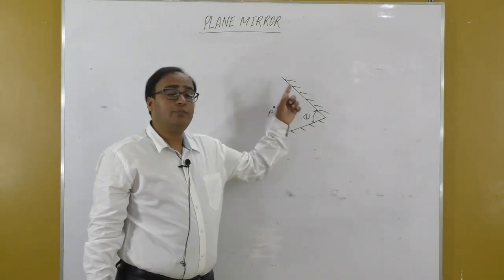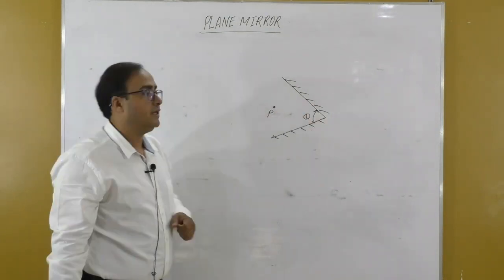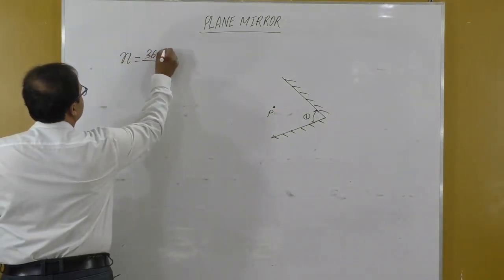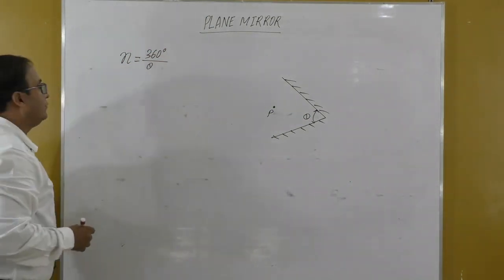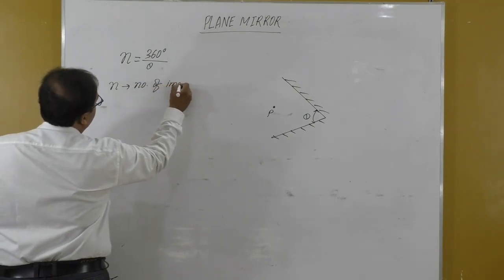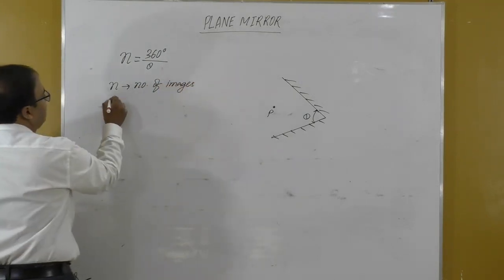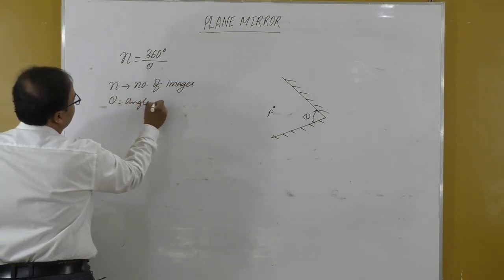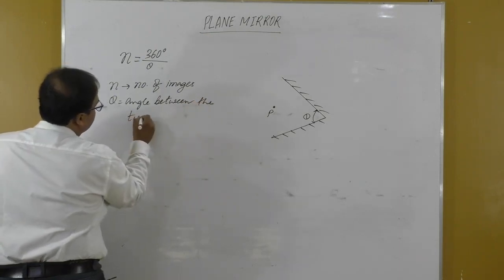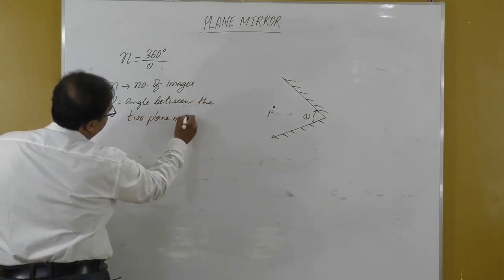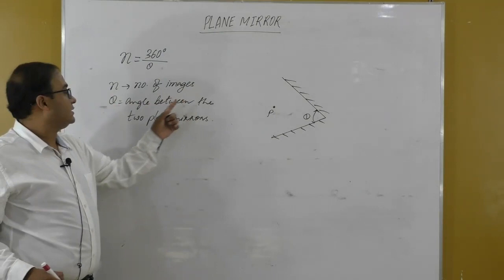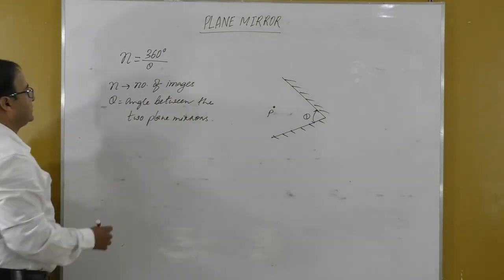How many images will be formed by that two mirrors can be calculated by the formula n equals to 360 degree by theta, where n is the number of images, theta is the angle between the two plane mirrors. So n is the number of images and theta is the angle between two plane mirrors.